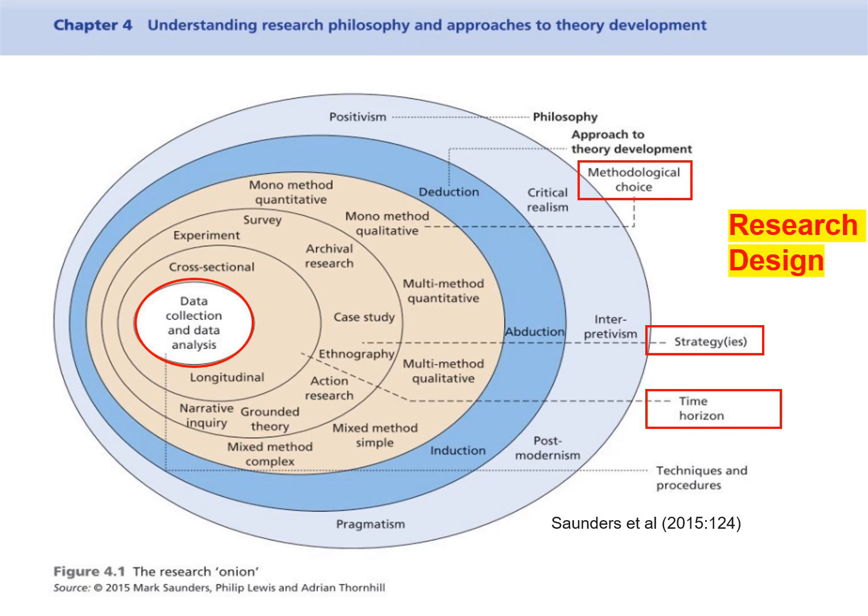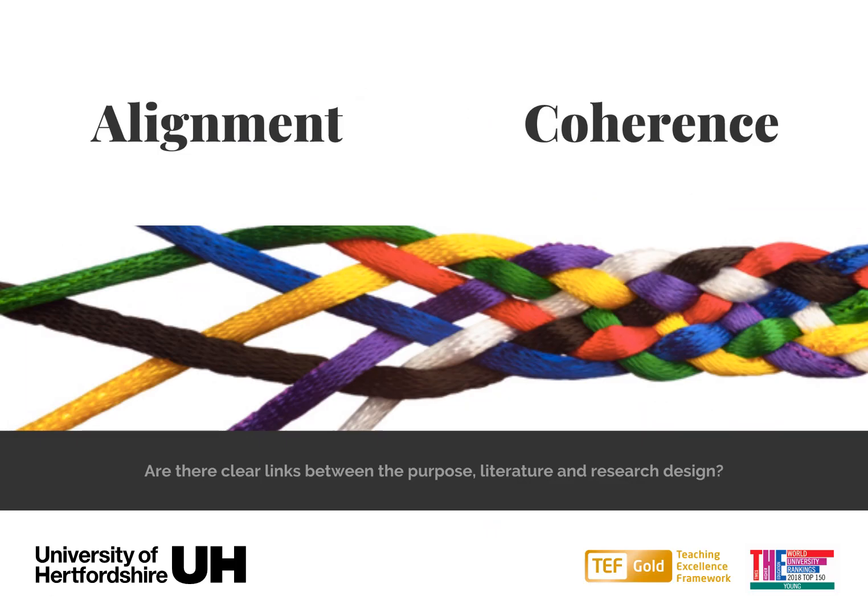It's vital for you to explain your own research design and understand and apply it in your own research. Last week we looked into the research philosophy and approaches to theory development, and it's important that you understand the consistency within all these layers. We talked about alignment and coherence in our first presentation slide when we looked into the overview of a research design.